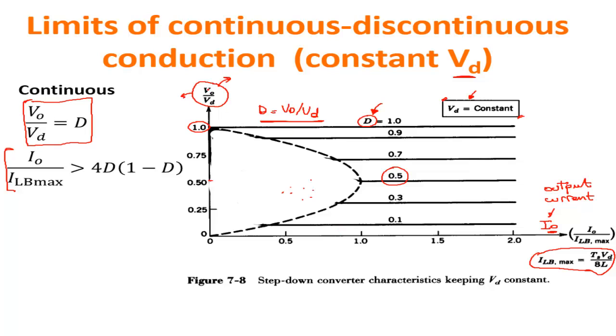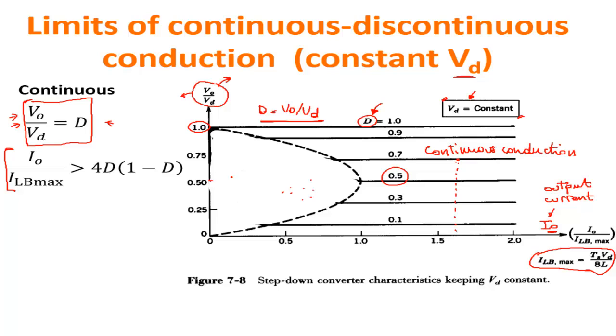This is the significance of these horizontal lines. This means that when you are in continuous conduction, for any current, the only factor that determines the output voltage is the duty cycle, because this relationship is valid. Okay? This is continuous conduction. This is the parabola as before.